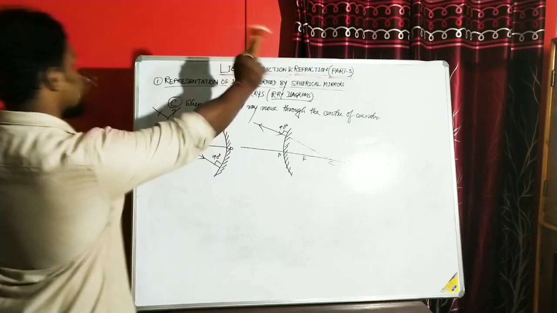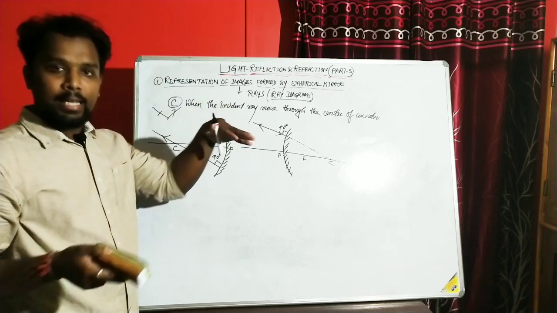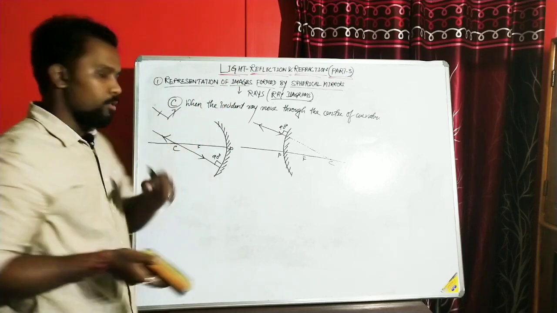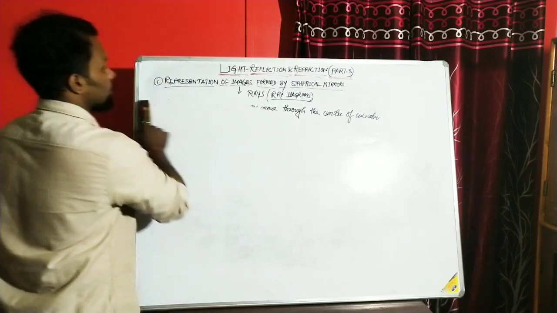Now the last case is what will happen when the incident ray is incident obliquely on the reflecting surface at a certain point. We will look at that. First, I will erase this part.